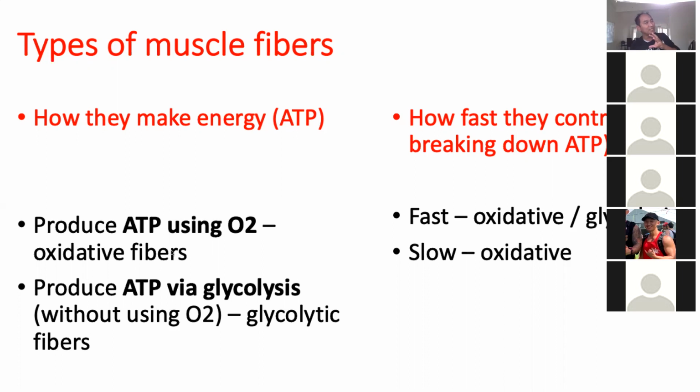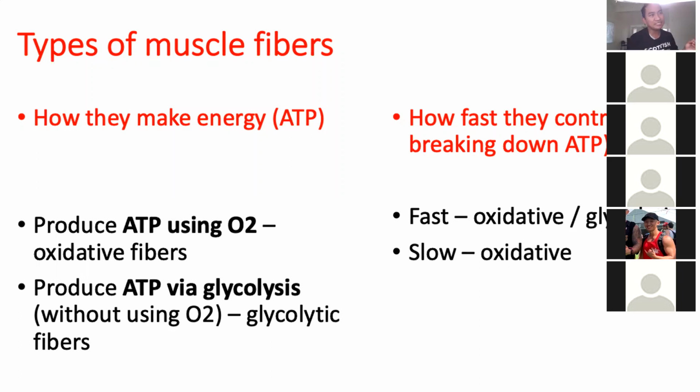So these oxidative fibers will have lots of capillaries, lots of myoglobins, lots of mitochondria, and they are going to use lots of oxygen to generate energy for their muscle contraction. Because it is a multiple-step process, this process is slow. So these fibers are usually slow oxidative fibers.